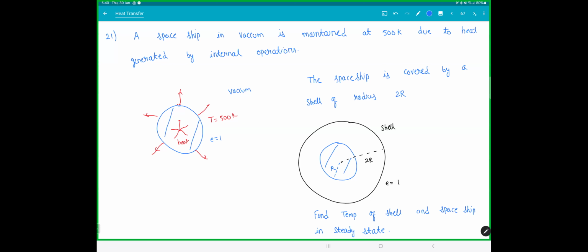Temperature of the ship requires a lot of little work. Anyone not convinced with the question, please ask.